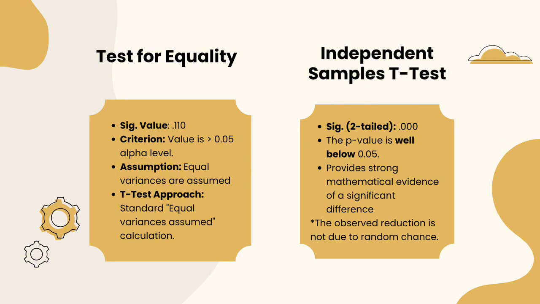Our significance value is 0.110, which is greater than 0.05, so we assume equal variances. Thirdly, t-test significance. Most importantly, our sig. two-tailed value is 0.000. Since this is much lower than our alpha level of 0.05, we have strong evidence of a significant difference.